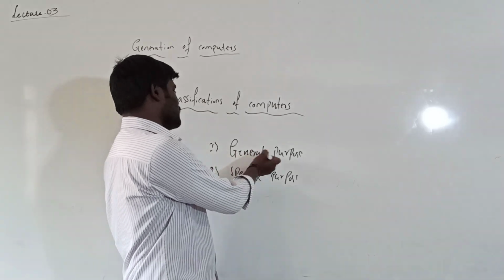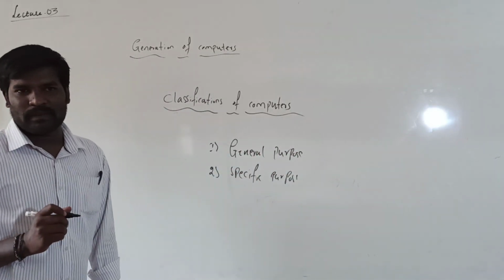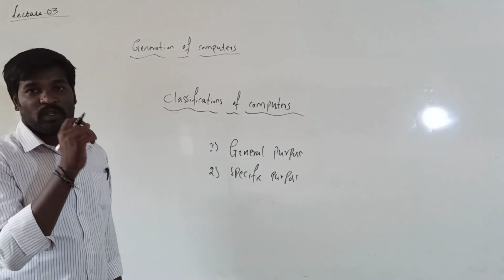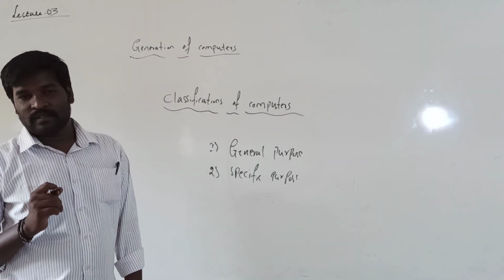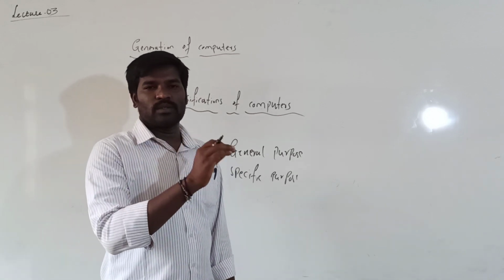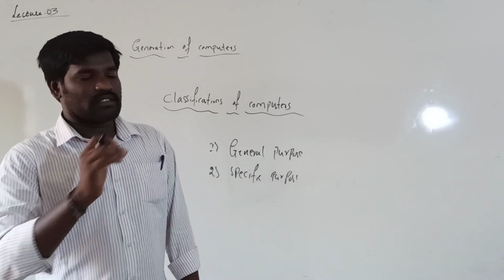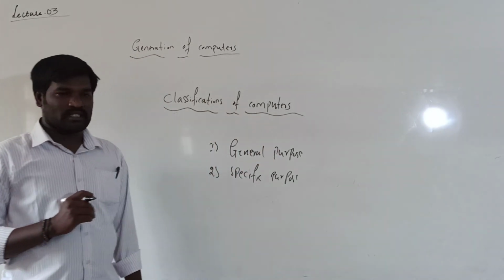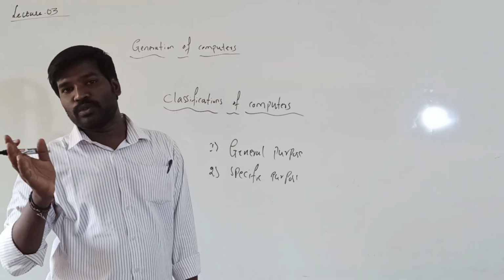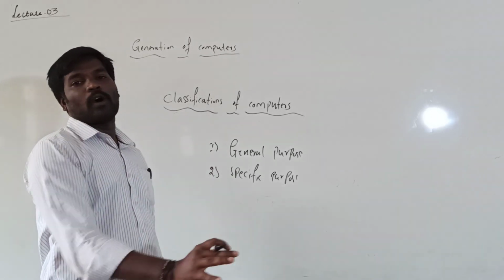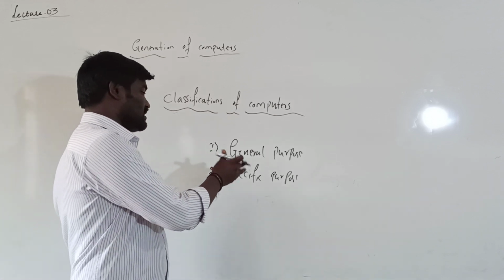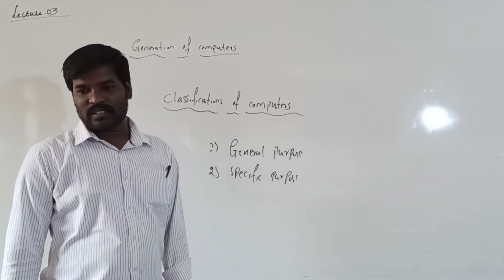The name itself indicates the general purpose. You can use it for games or for documentation, whatever the use may be, you can use it generally. Specific purpose means the system is mainly used for some specific operations, some specific task. That is nothing but specific purpose computers.